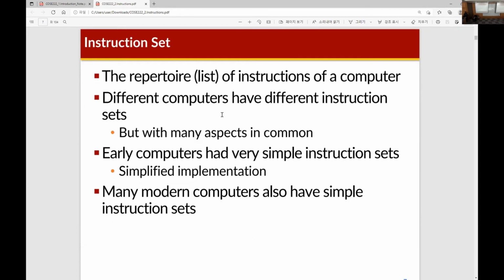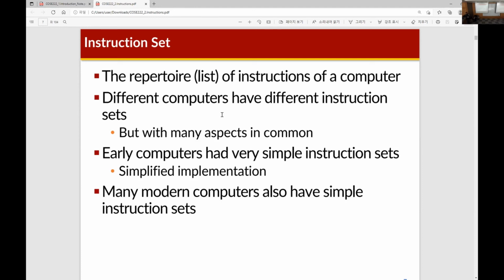So what is an instruction set? It is the set of instructions, a repertoire of instructions in a computer. Okay. It's like this: you can list the arithmetic operations like add, sub, multiply, divide. It's the same for the instruction set.